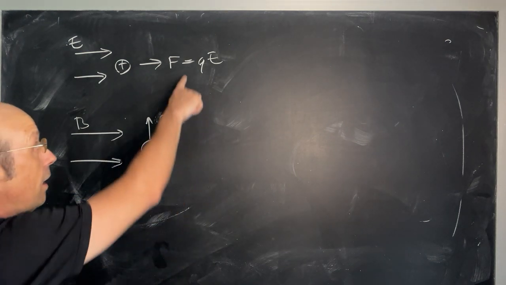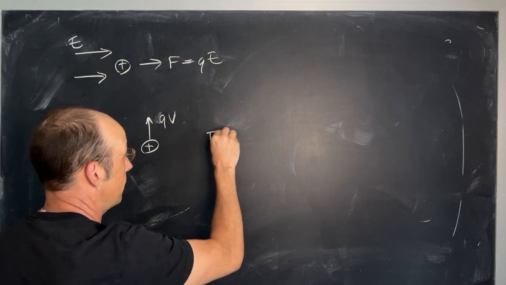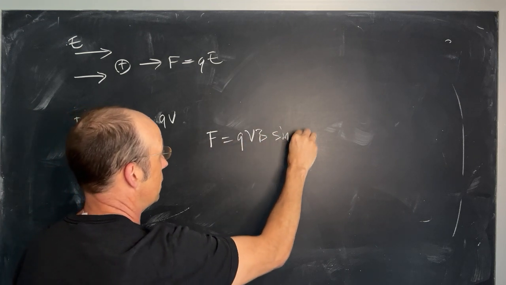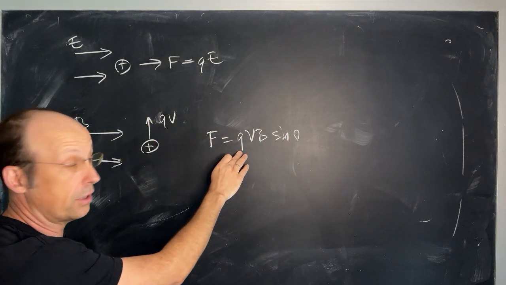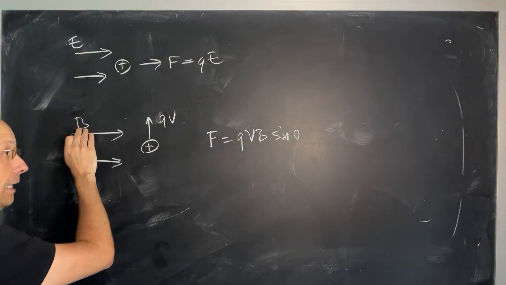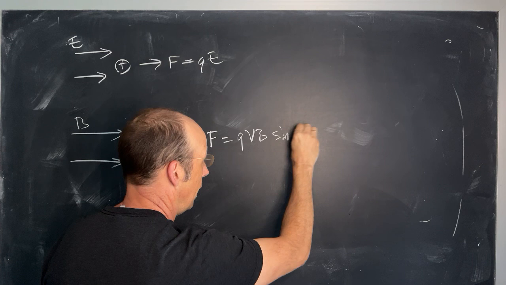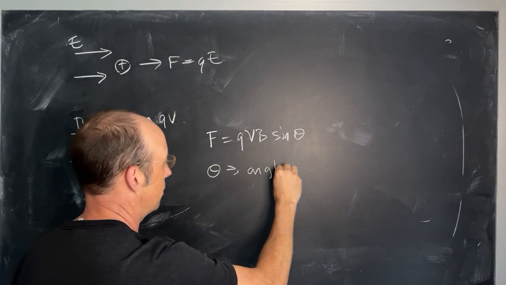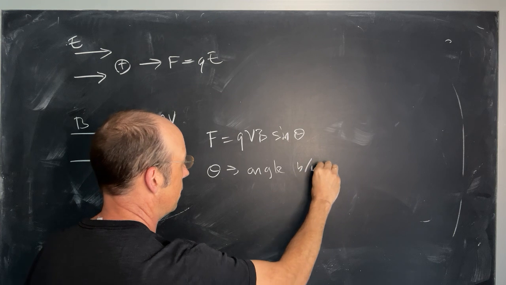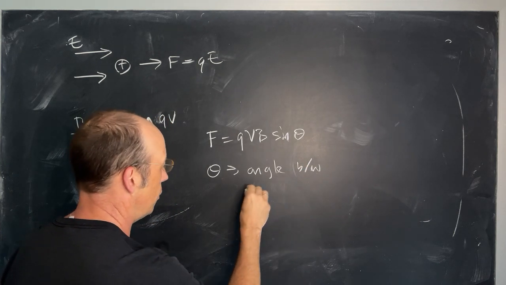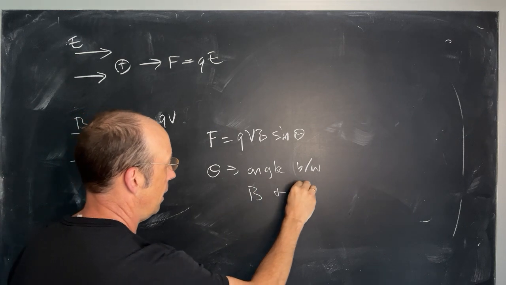We can calculate that force very similar to this as QVB sine theta. So Q is the charge in the field, V is the velocity, B is the value of the magnetic field, and theta is the angle between B and QV.